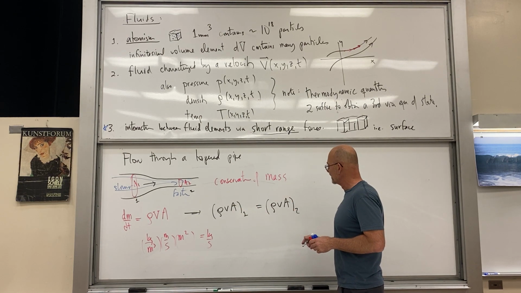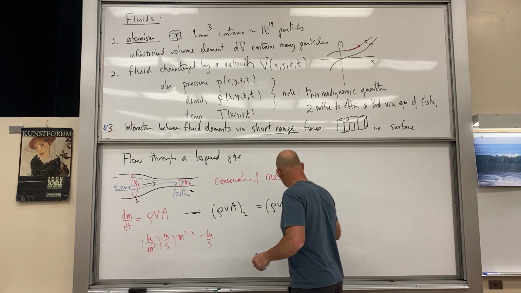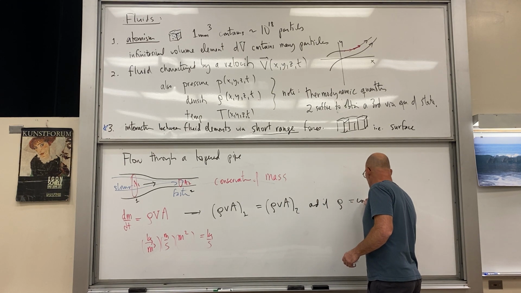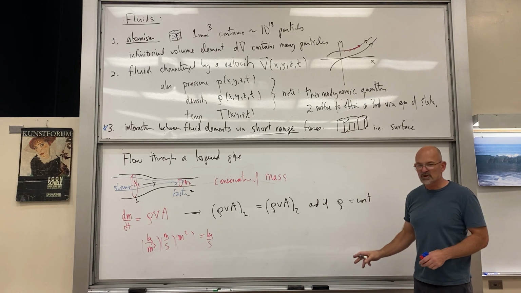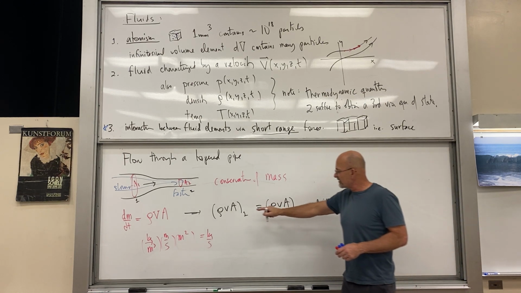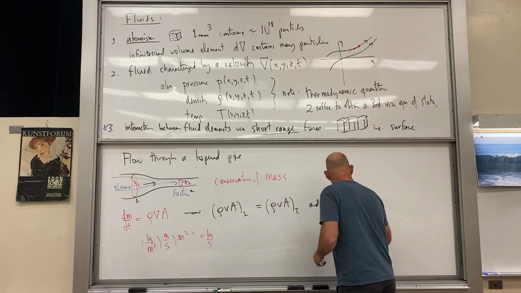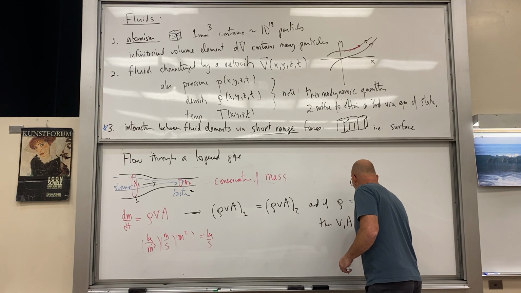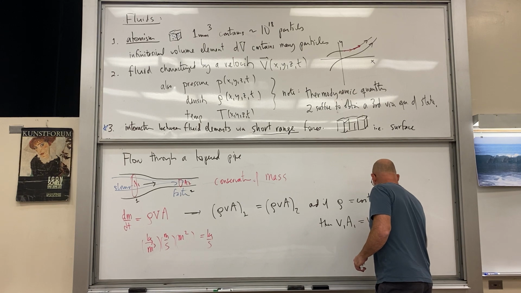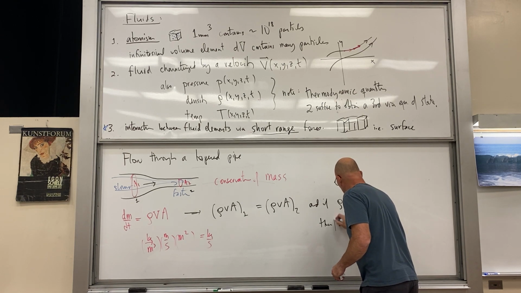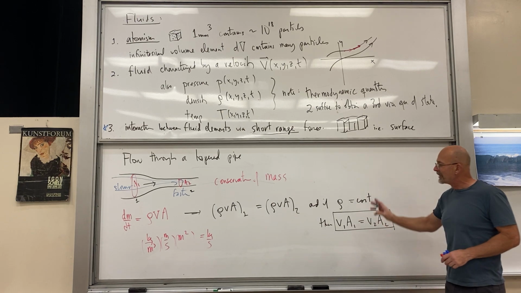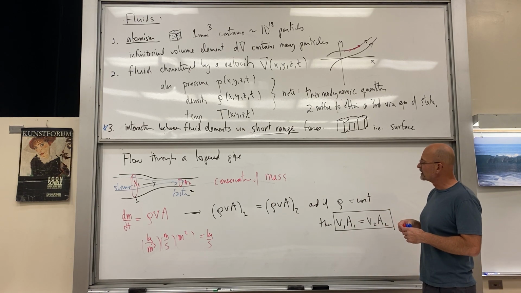As of now. If the density is constant, if rho is constant, which it often is, then we could have V1 A1 equals V2 A2. So that's the basic discussion of the continuity equation.